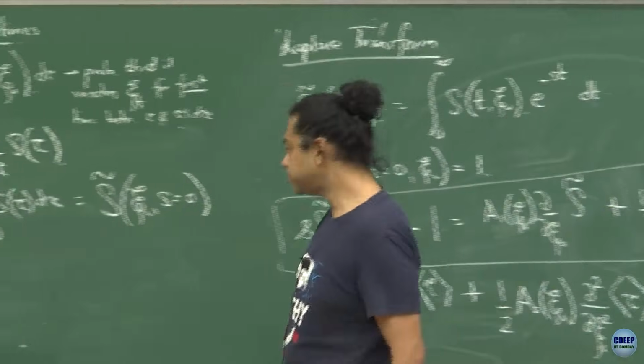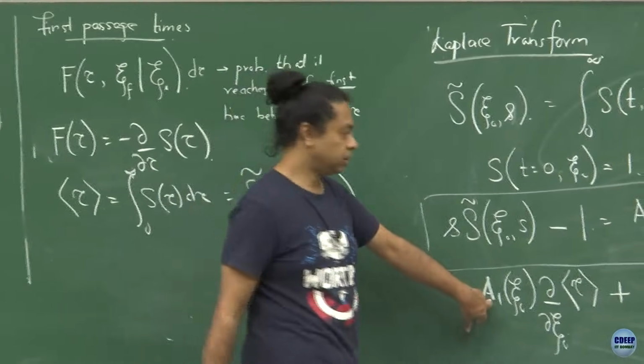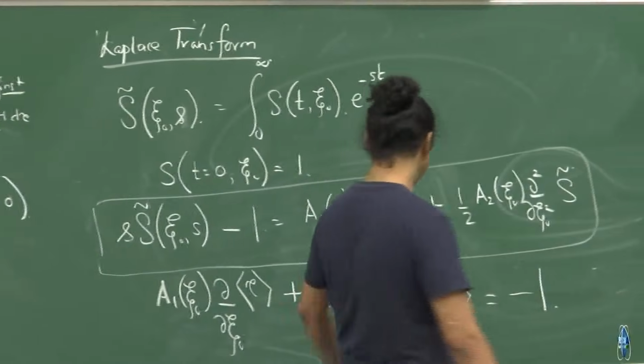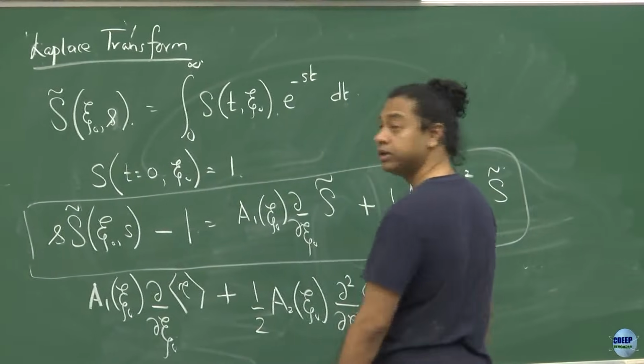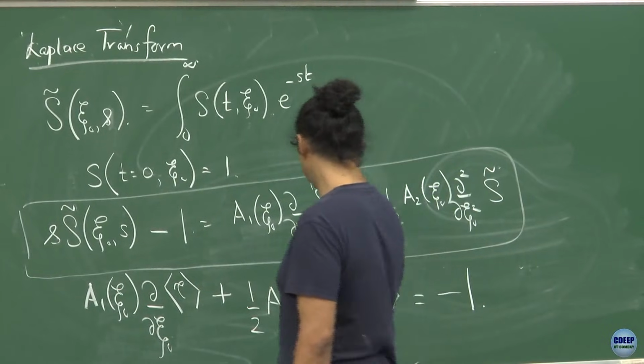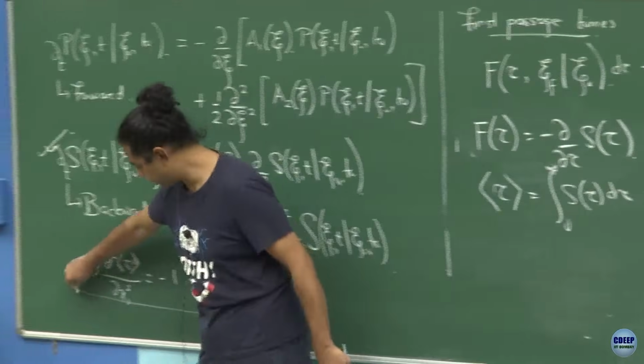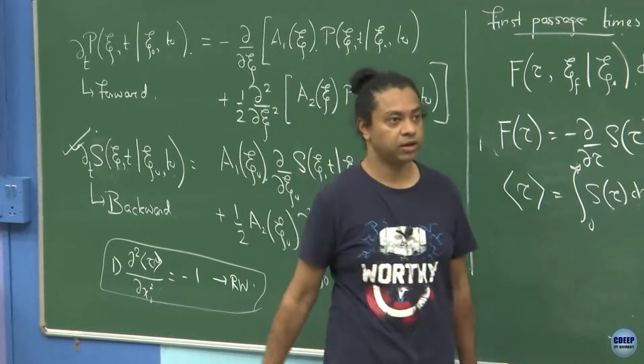For the unbiased diffusion, of course, remember, if you are unbiased, your a1 is 0, your a2 is 2d. So therefore, what you get is d del 2 del xi naught of t is minus 1, which is nothing but what we had over here last day.